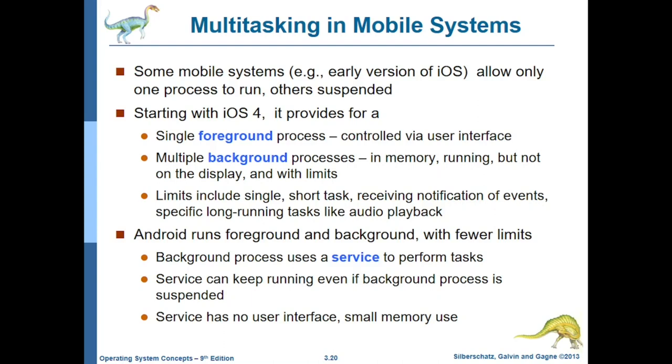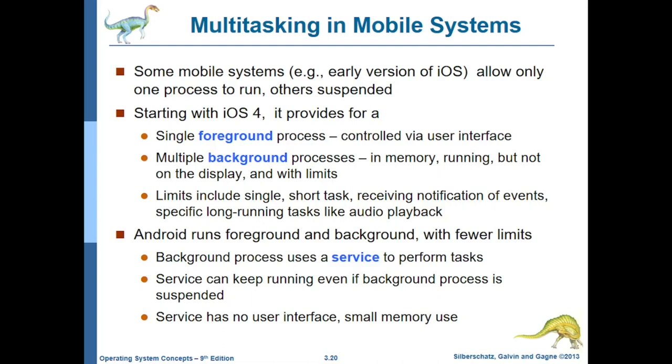This was the case for some early versions of iOS, the operating system for iPhone and iPad. However, this approach has some drawbacks, such as poor responsiveness and limited functionality for background processes.